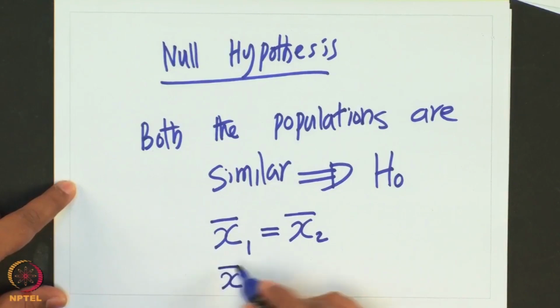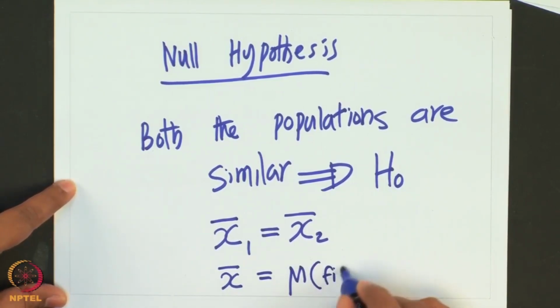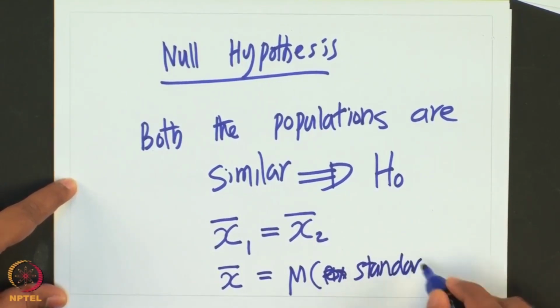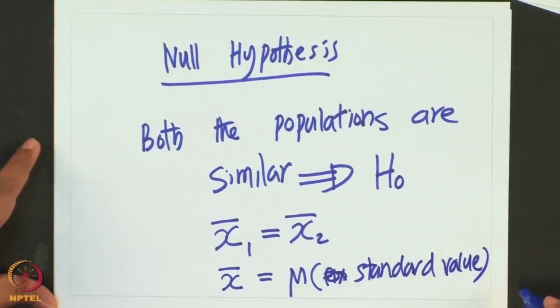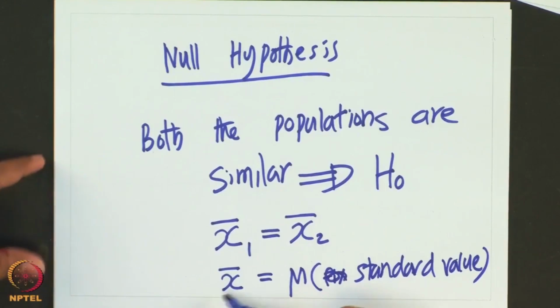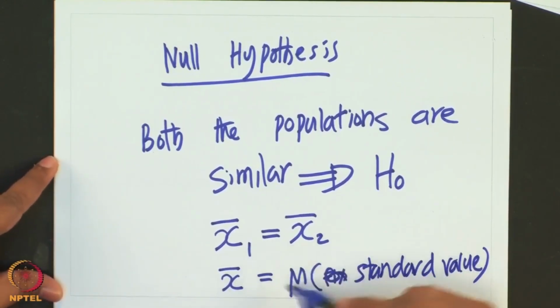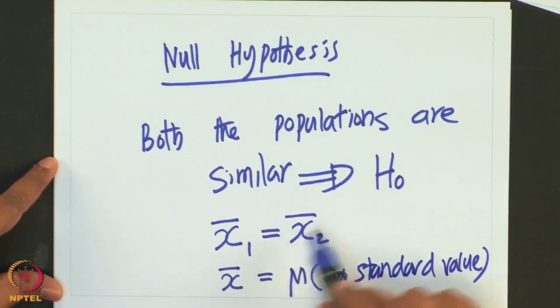So, the x bar, you measure the temperature many times, and this is equal to mu, which is a fixed, standard value, let us say 37 degrees. So, either you assume that the measurement we got is similar to the standard value, so there is no difference, or that these two populations are the same.